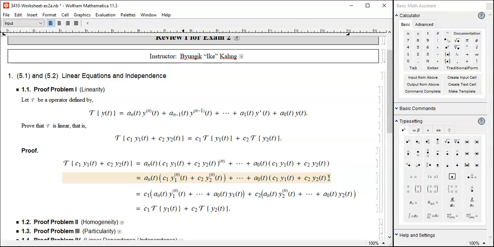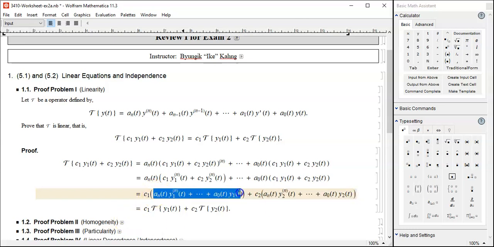And then what we can do is apply the distributive law and commutative law for real number arithmetic, and then rearrange this computation like this. C1 times the first function's nth derivative, and then the n minus first derivative, and n minus second derivative, all the way to no derivative, like that. And then do the same thing for the second function. And then what do you get?